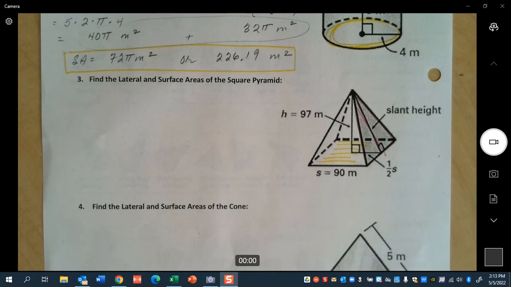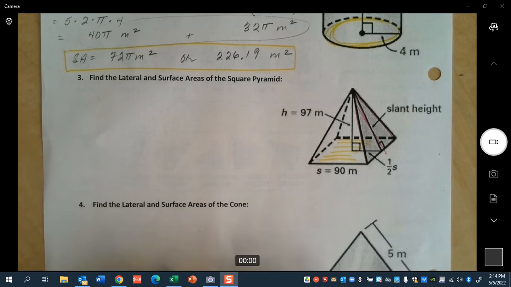And once I figure out what this height is, then I can figure out what the area of this face is. And we need to be careful because that's not the height here. The height here is the height of the actual pyramid. This is the actual height of the pyramid. And we can see this height reflected here in this 97 meters.